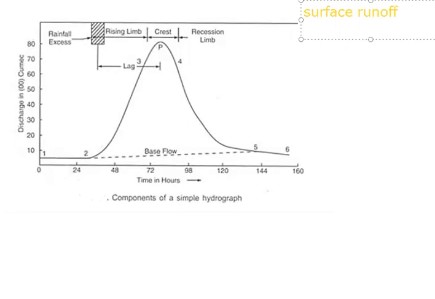The second one is subsurface runoff, and this subsurface runoff is called interflow. And the last one is groundwater runoff, or you can call it base flow. See, base flow. Okay.